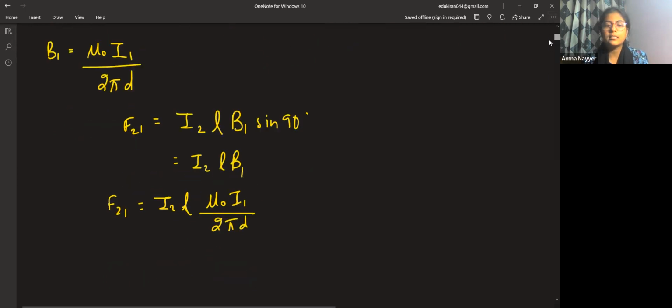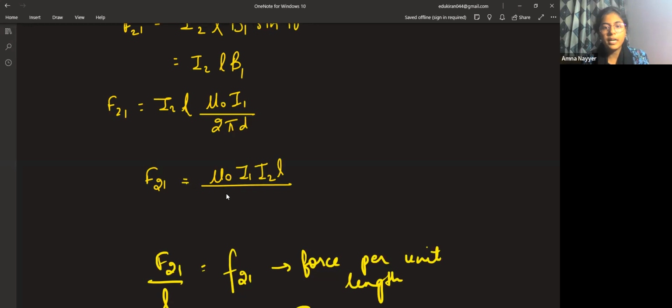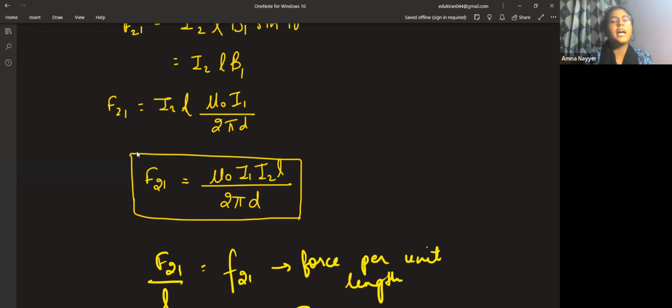Now class, this is the equation. So what is the final formula we are obtaining? The final formula is mu naught I1 I2 L divided by 2 pi D. This is the force between two conductors.